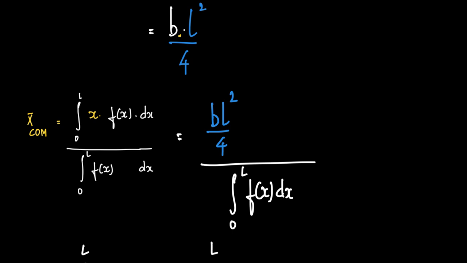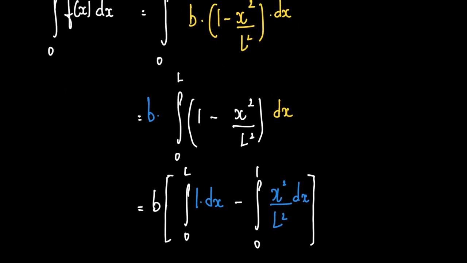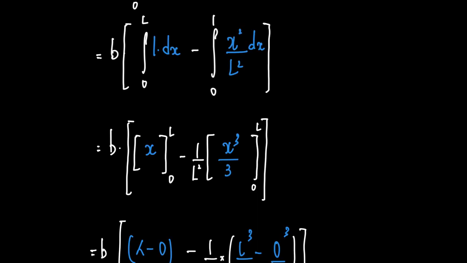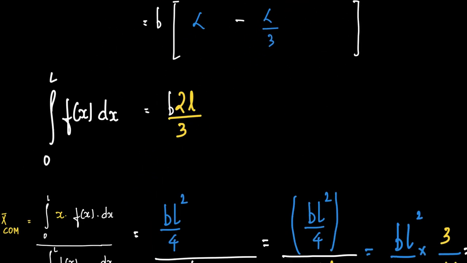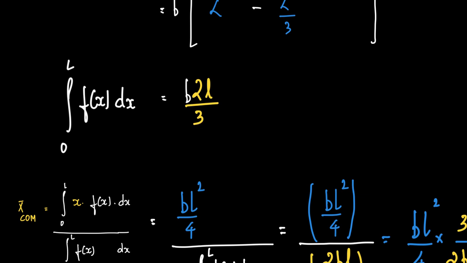So we have numerator and denominator. Numerator is bl square by 4, and integral 0 to L f of x dx, which is the denominator, can later be evaluated, which gives us the value as 2bl by 3.